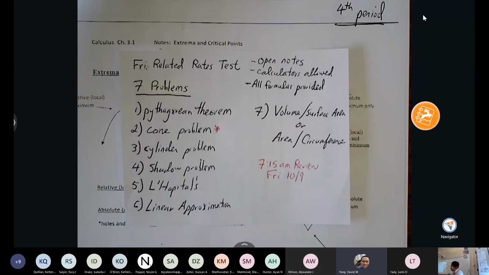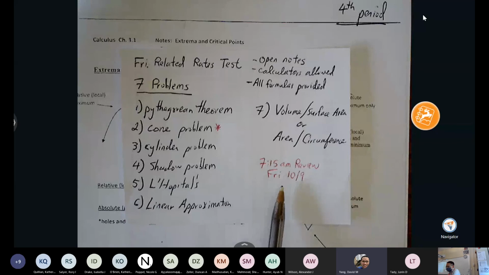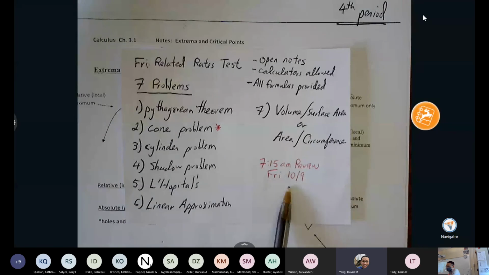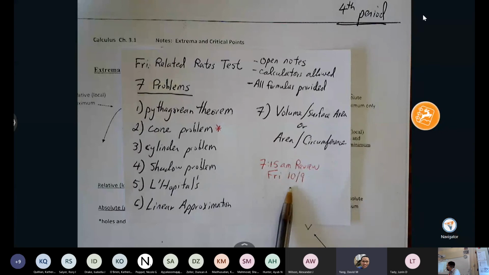I've done various review sessions over Teams. I did one this morning, yesterday afternoon, yesterday morning, and I'll also do another one tomorrow morning, 7:15. All the ones that I've done have been recorded, and I've just been going through various worksheets.